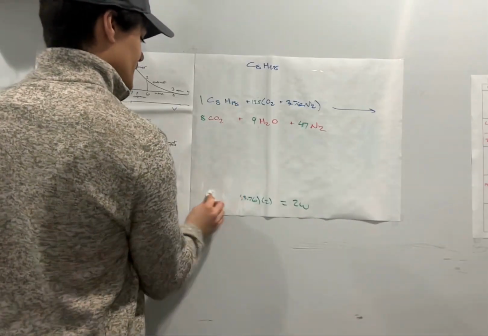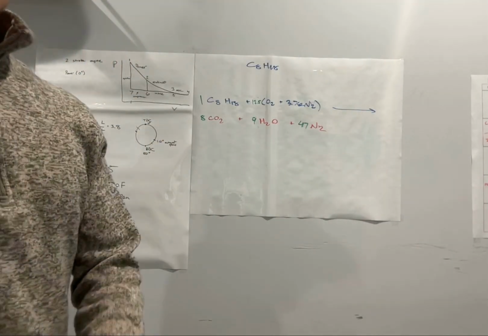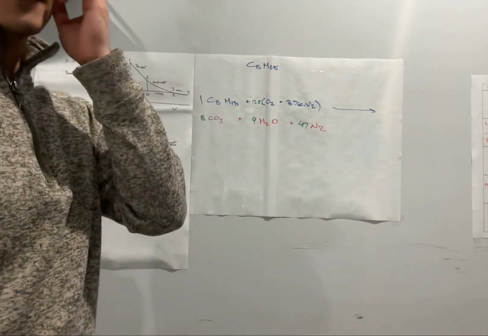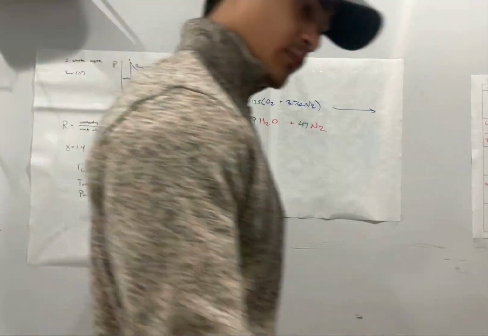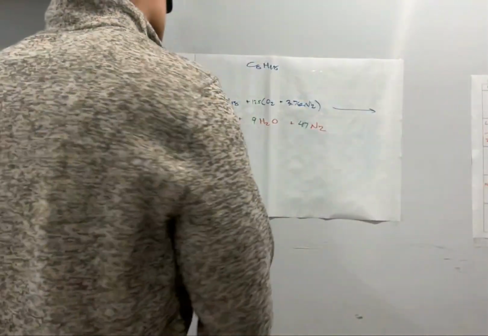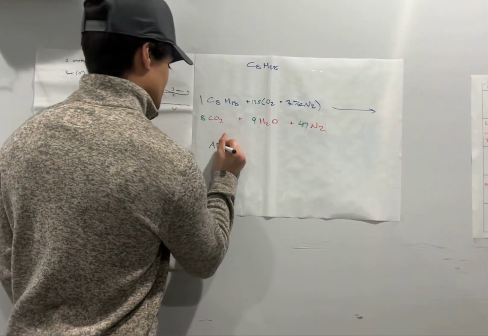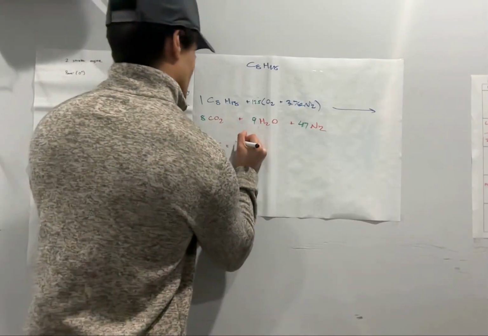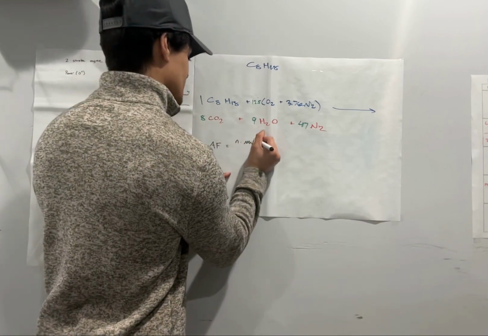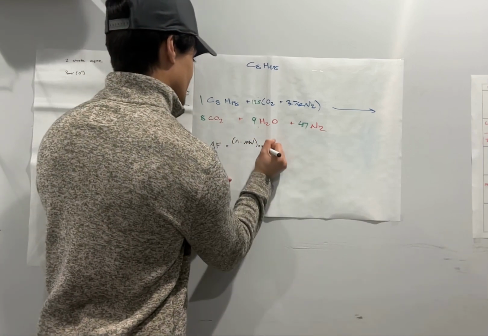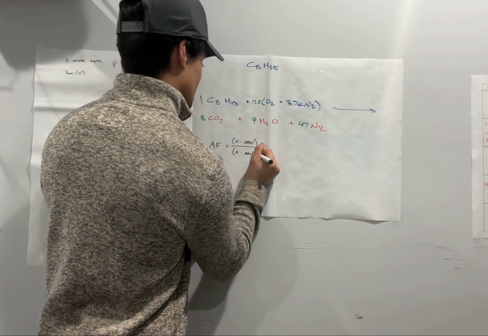Now from there we could find the air-fuel ratio for the real case without even having to solve for its equation. So, what is air-fuel ratio? Air-fuel ratio is going to be the number of moles times the molecular weight of air over the number of moles times the molecular weight of fuel.